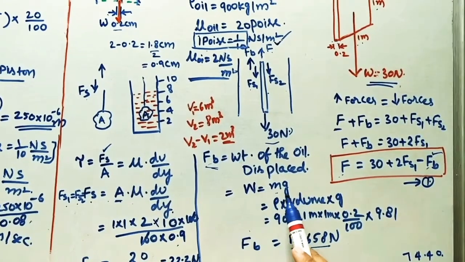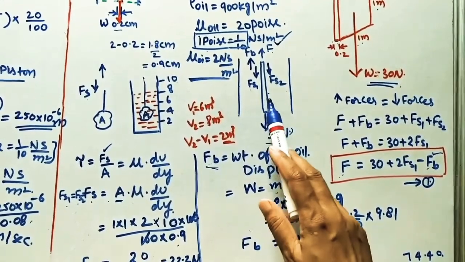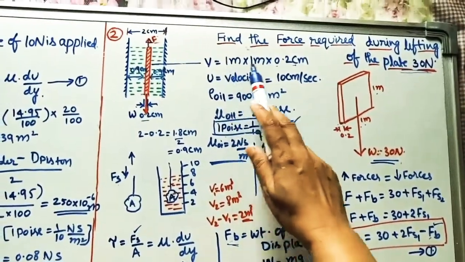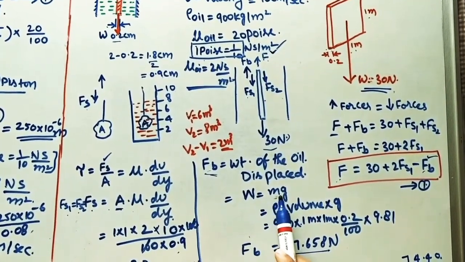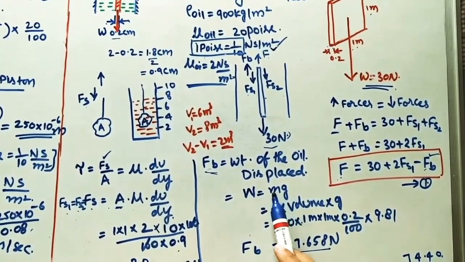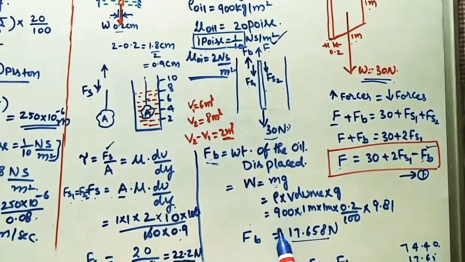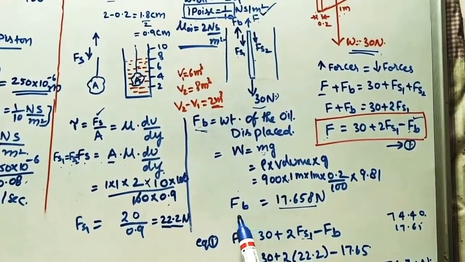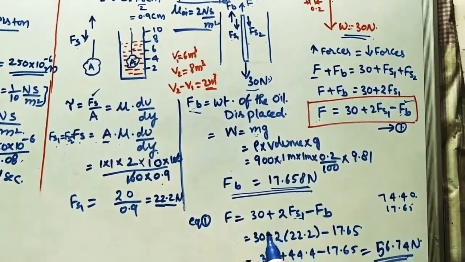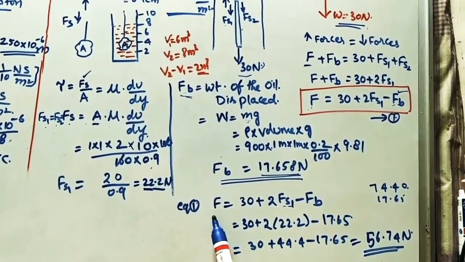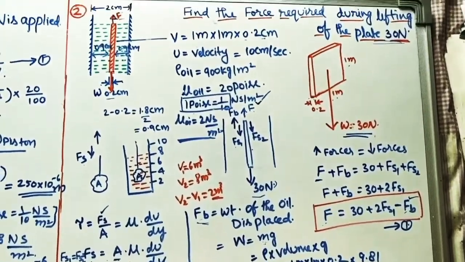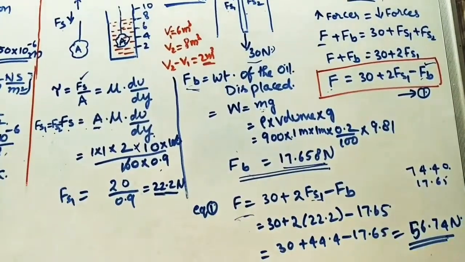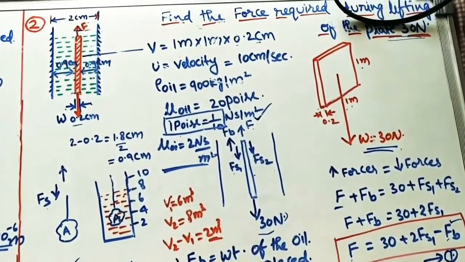Here, instead of m we have to take the relation, because we know the volume of the plate. So we take it in terms of rho and volume. We know density is equal to mass by volume, so by using this we got this. We have to consider this value for getting the correct F value for lifting the plate. So this is the procedure of this problem.